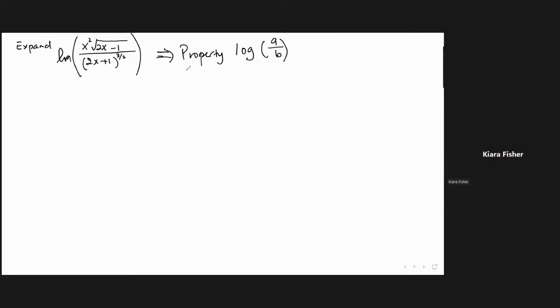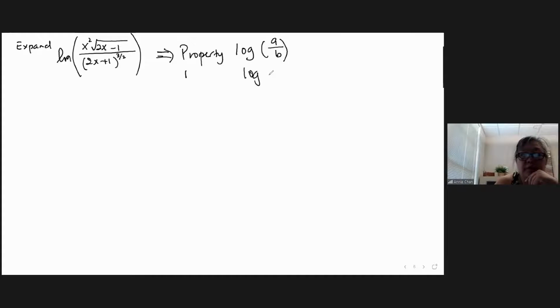Exponent log. Log of A to the B is equal to B log of A. Yeah. What else? Any more?